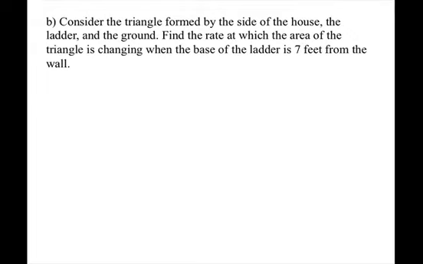Part B. Consider the triangle formed by the side of the house, the ladder, and the ground. Find the rate at which the area of the triangle is changing when the base of the ladder is 7 feet from the wall. So I want to find dA/dt when x equals 7.